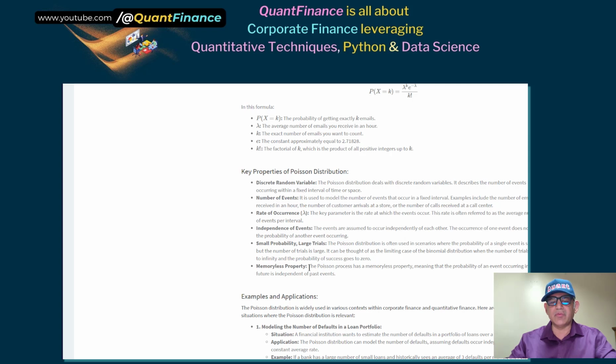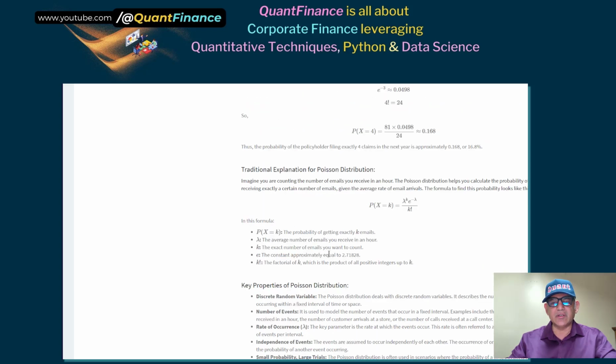Sometimes we also say the Poisson process is memoryless, which means that an event occurring in the future is independent of the events that have occurred in the past. Small probability, large trials. This is very interesting. Poisson distribution is often used in scenarios where the probability of a single event is small, but the number of trials is large. So this is another property.